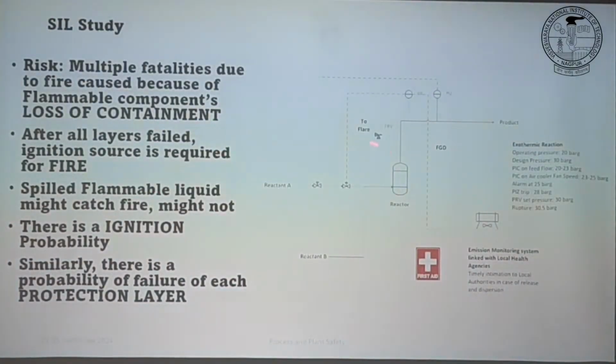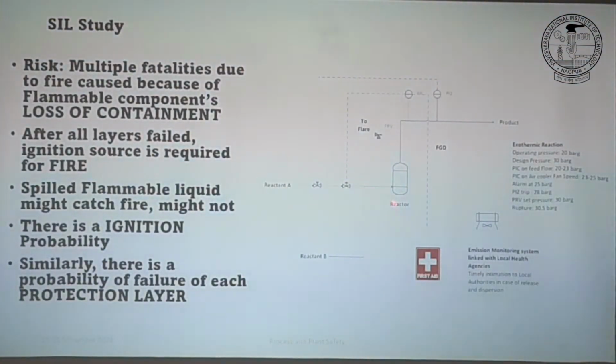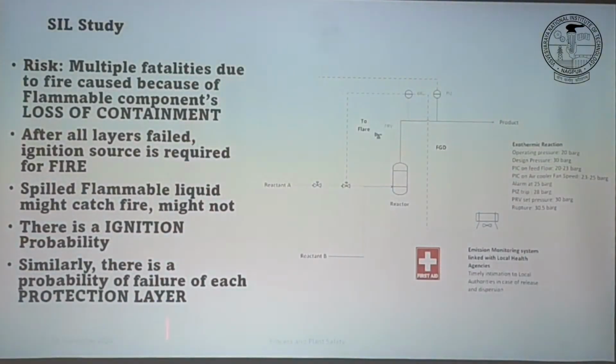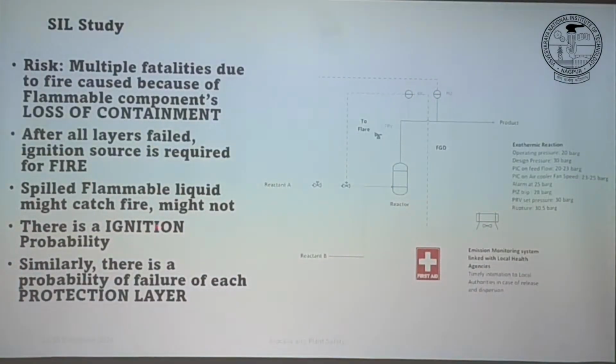First of all, we can have loss of containment, but the final consequence of fatalities will happen only if we have a combination of two: if fire occurs and if people are present, unfortunately, close to the fire. Right? So we talked about the fire triangle yesterday. We need an ignition source, right? So spilled flammable liquid might catch fire, might not.